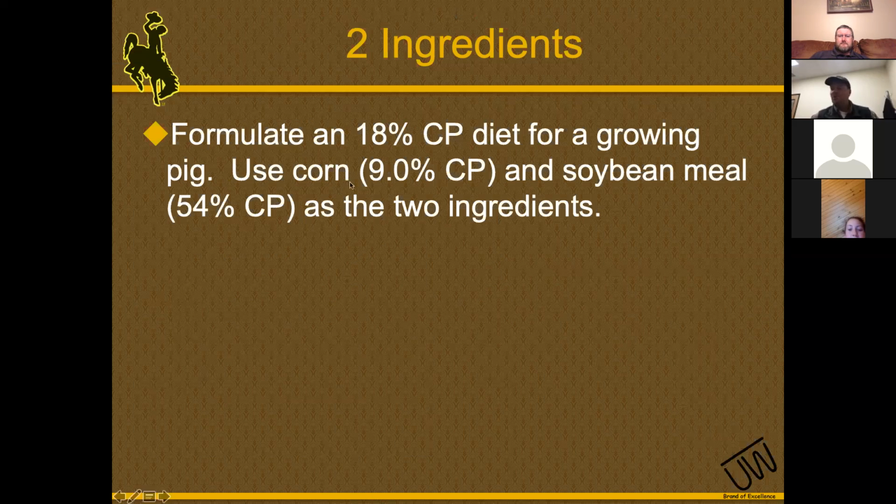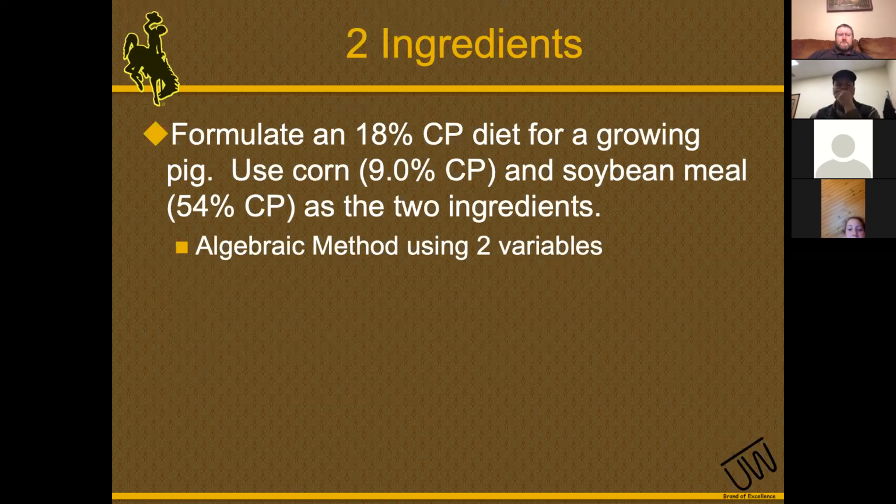I'm going to give corn a 9% protein value. If I look up in the table, that's what it's going to tell me. And I'm going to use soybean meal at 54%, so it's really high in protein. So those are my 2 ingredients that I'm going to use. This first method is called the algebraic method. 2 variables, right?